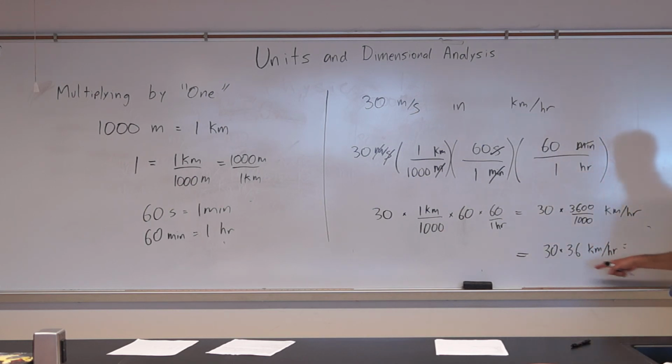And then, maybe you can do this in your head, 3.6 times 30. You want to just do 3.6 times 3. You get 18, 9, 10. And then you got to multiply that by another 10 for 30, so 1080. So you end up getting 1080 kilometers per hour.